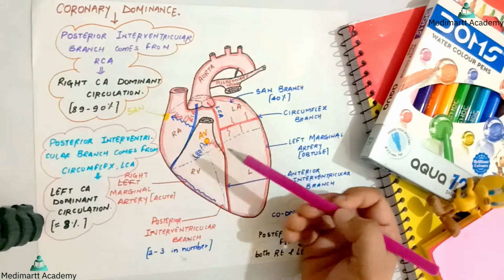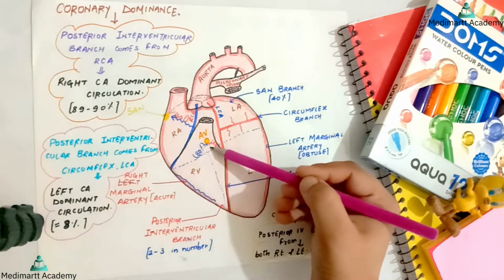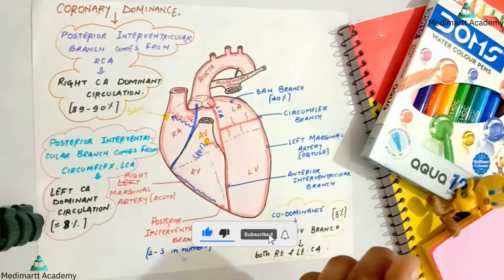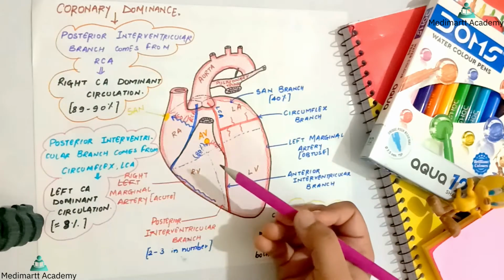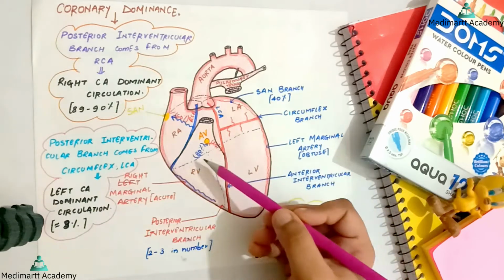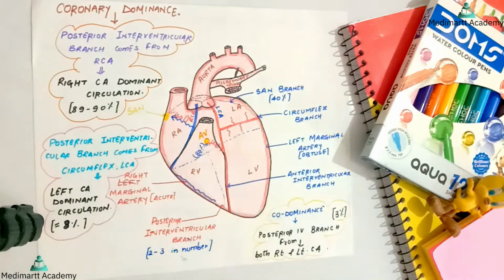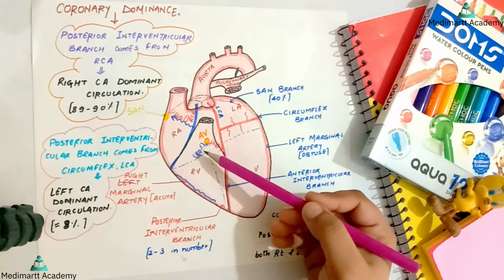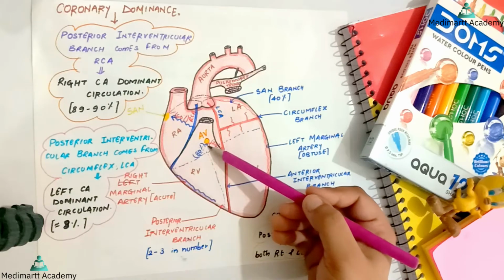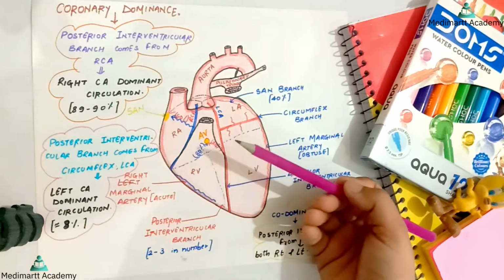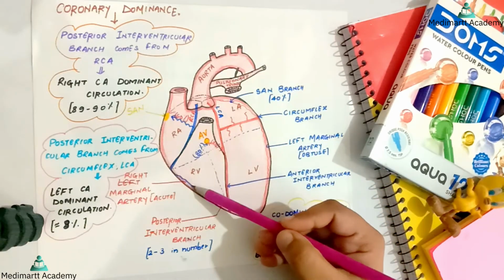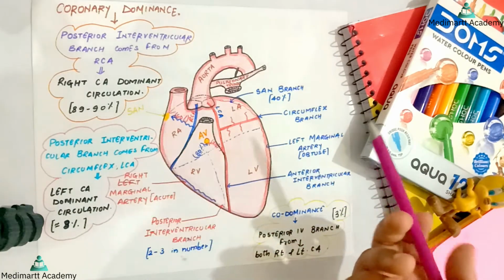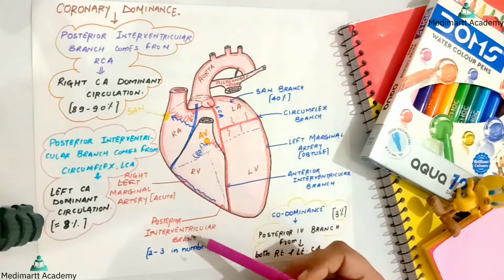Then it also supplies the atrioventricular node in 80 to 90% cases. Some books say 80% and some say 90% or 85%, so I've written 80 here. So in 80 to 90% cases, the atrioventricular node is supplied by a branch of the right coronary artery. Then you also have the right marginal artery, which is acute in nature, or you can say acute marginal artery, and the posterior interventricular branch.